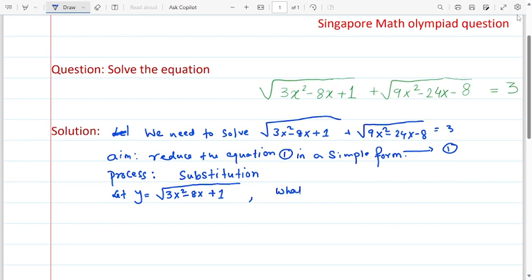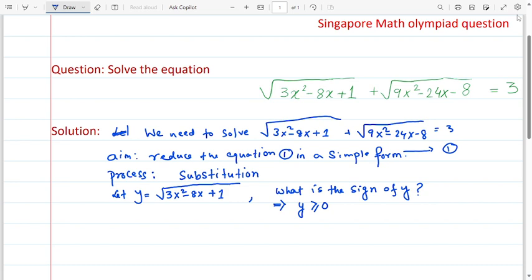So from here, now I can ask you another question. What is the sign of y? It is not a very complicated question. It's very simple. Now, the answer is y will be greater than or equal to 0. Now you can tell me why.